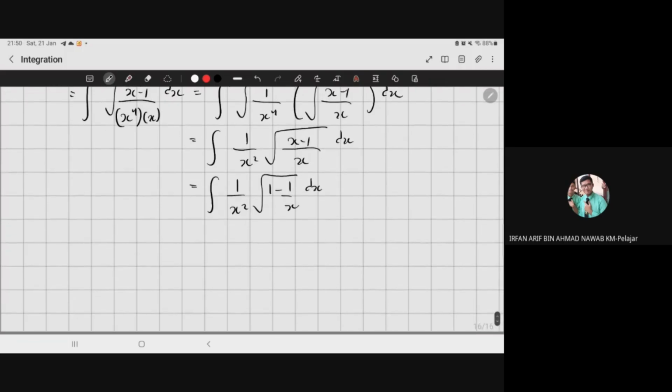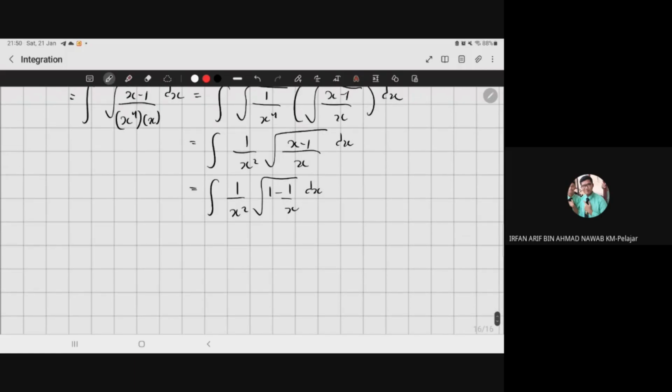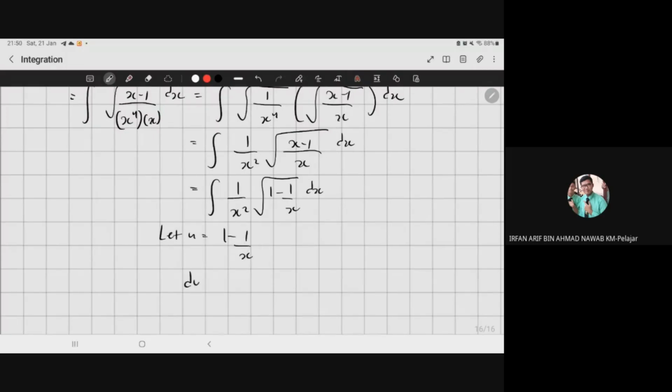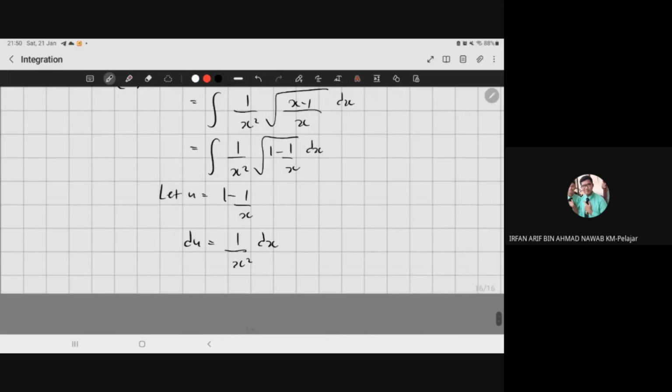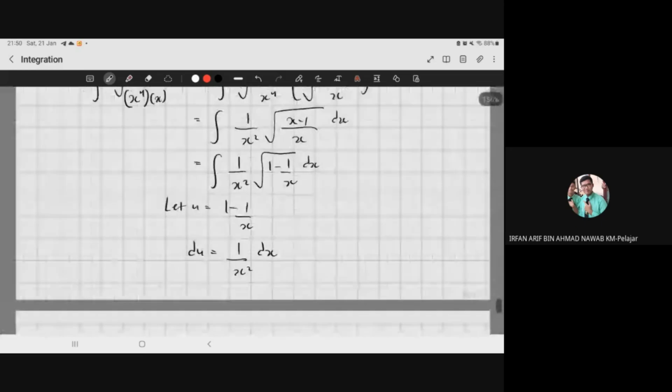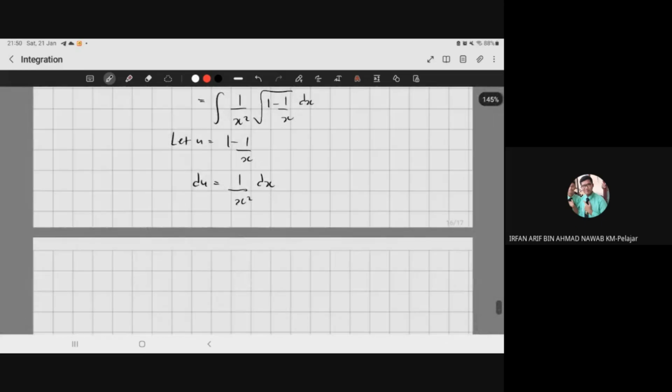Now, you could use the substitution method. Let u equal 1 minus 1 over x. You differentiate this with respect to x, you should get du equals 1 over x squared dx. Then we integrate the square root of u du, and just simplify as usual, nothing much from here.